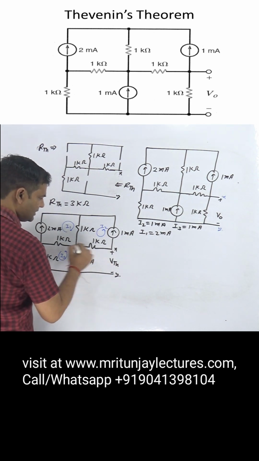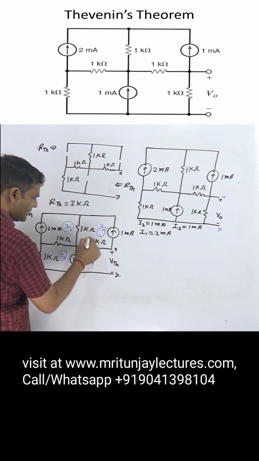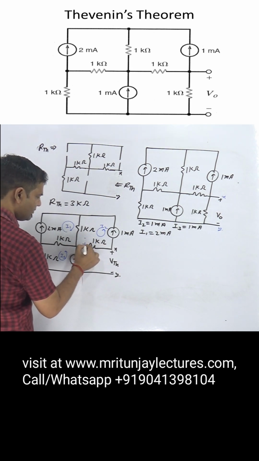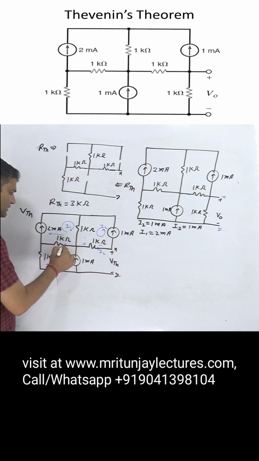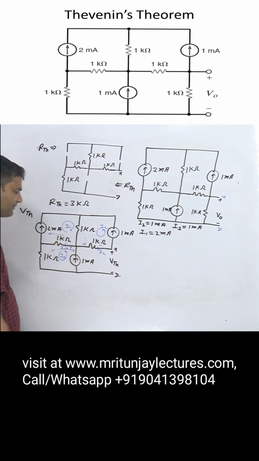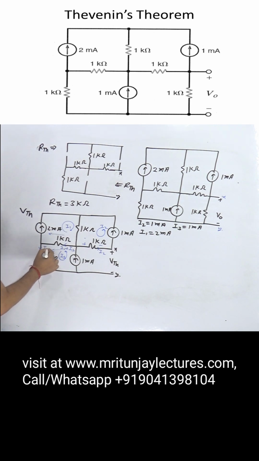Now we focus on the VTH path. Following this path, the current direction is I2, so positive negative, that is I2. Now, if I1 is greater than I3, the I1 direction is like this and the I3 direction is this one. So in this path the current is I1 plus I3, and here I3.